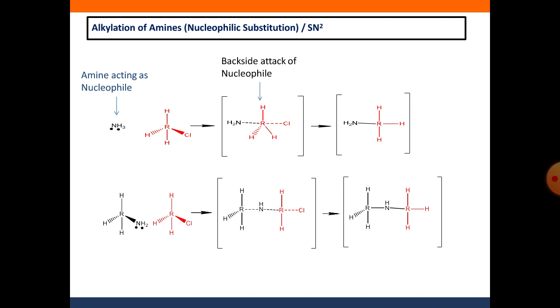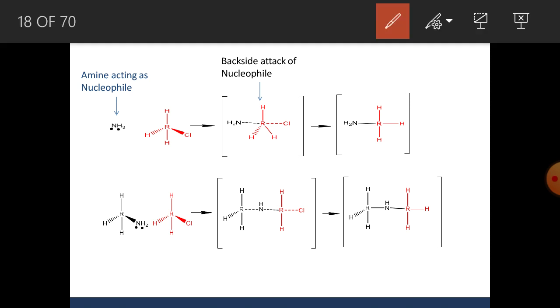For example, here it is like an SN2 reaction. Ammonia acts as a nucleophile. It attacks from the back side on this electron deficient carbon. In the intermediate, there is the NH2 group as well as Cl minus attached with carbon.